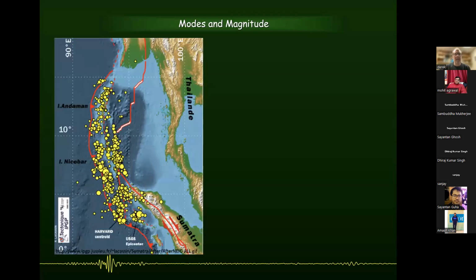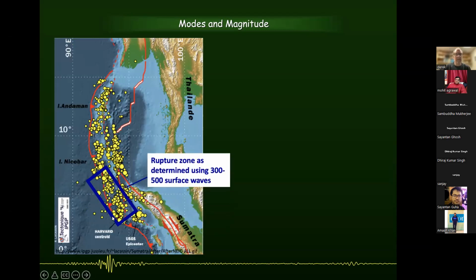So here is the fault on which the earthquake slipped. Here is the rupture zone as determined using 300 to 500 second surface waves. And then from aftershocks, free oscillations, and GPS, they figured that this whole fault slipped.